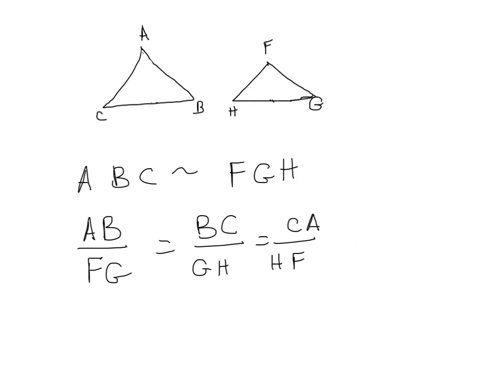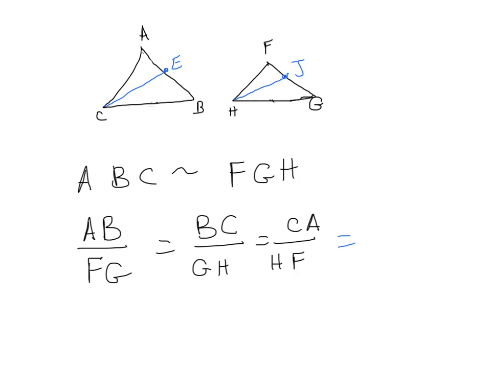So let's throw the angle bisector in. So we bisect angle C and bisect the corresponding angle, angle H. And let's say this is point E, and let's say this is point J. All right, so now we can throw this into the mix.